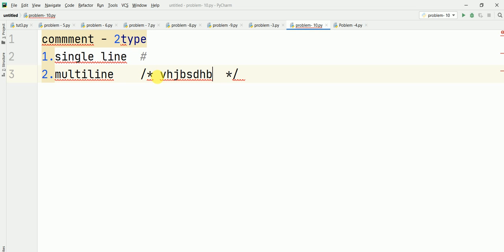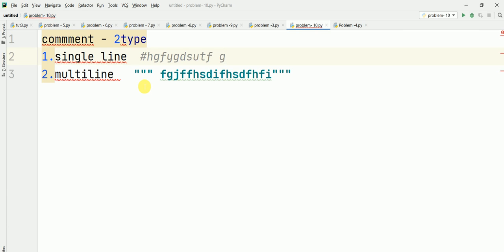Whatever you write inside triple quotes acts as a comment, and whatever you write after the hash symbol works as a comment section.